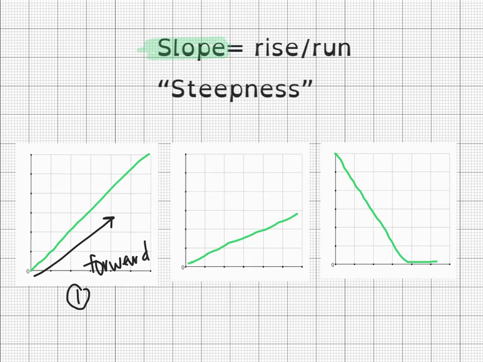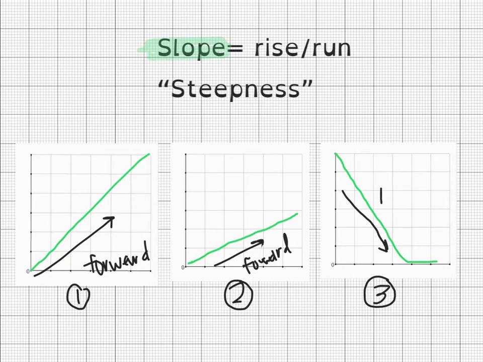In this one here, we can see we are also moving forward because our slope is positive. Turn that one into an A. And then this one here, graph number 3, we actually have a slope that goes down, a negative slope. That tells us we're moving backwards.